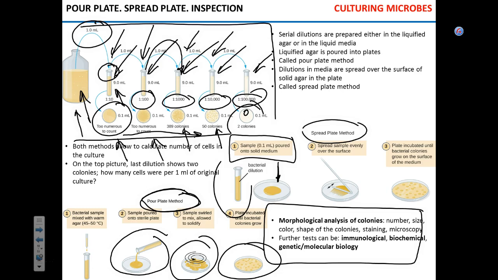So, what are the methods that are commonly employed to characterize microorganisms and identify? So this is inspection. So now we have 4I. We have inoculation, incubation, isolation, and inspection.